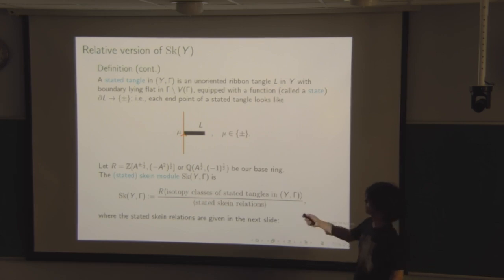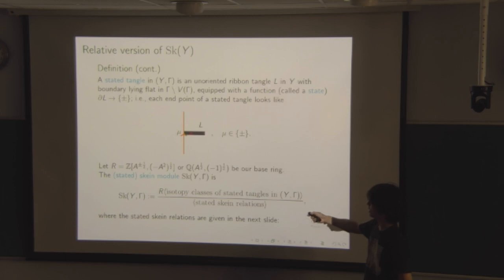Okay, so given a boundary marked three manifold, a stated tangle is an unoriented ribbon tangle or framed tangle in Y, such that the endpoints of the tangle lie on the boundary marking.